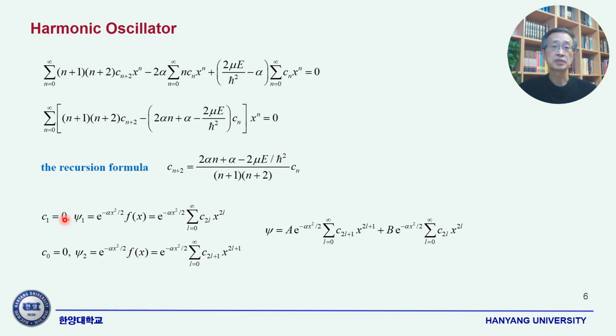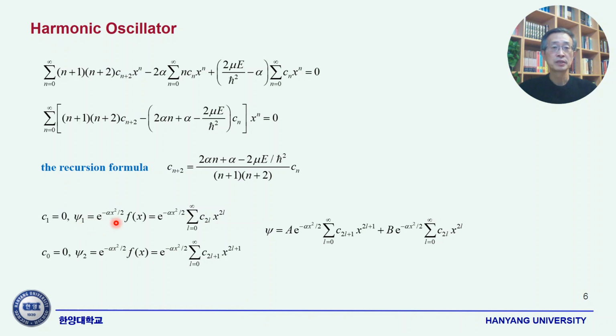Then what you need is just c_0 and c_2, c_4, c_6, just like that. So if c_1 equals 0, then you have even ordered terms only.